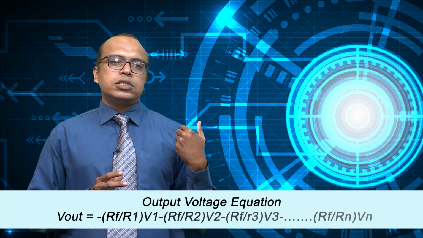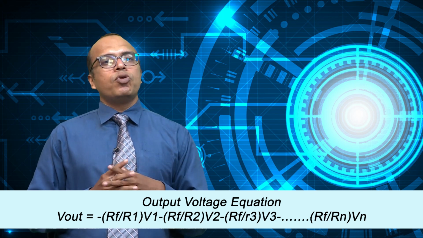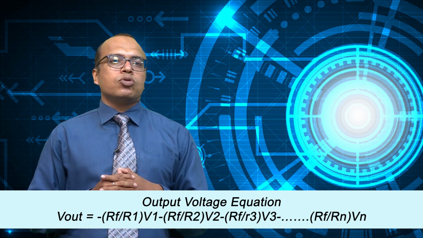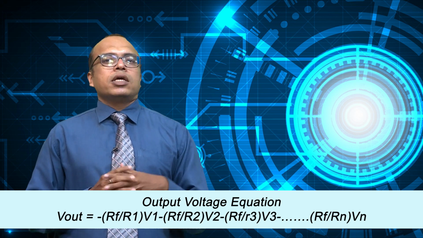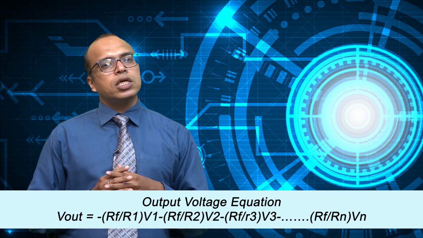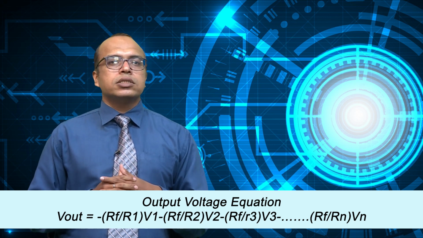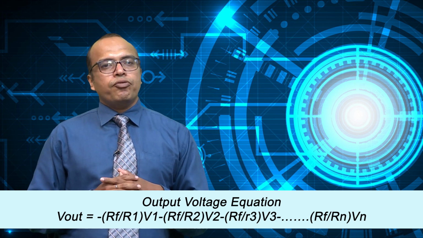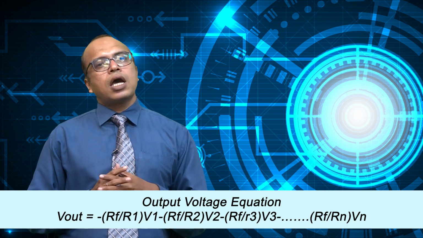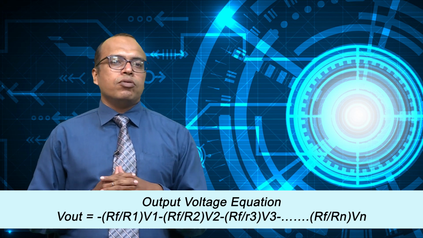Now, let us move to the output voltage equation. The output voltage of the op amp two-input subtractor circuit can be calculated using this equation: Vout is equal to minus RF upon R1 into V1, minus RF upon R2 into V2.